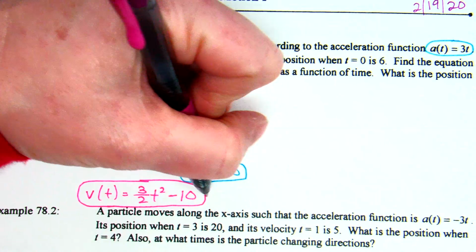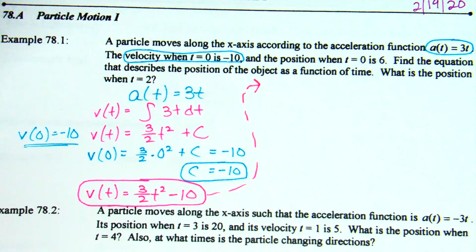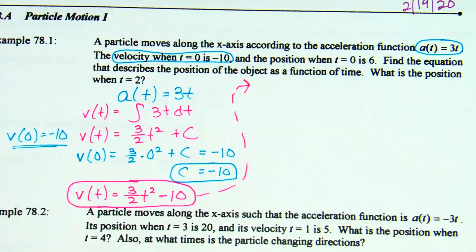Now what? Another integral, because if we know velocity, my ultimate goal is to get to position. The integral of velocity is position. For position, I'm using x of t. You sometimes see h of t, but that's more height.